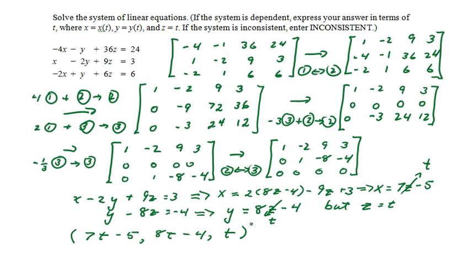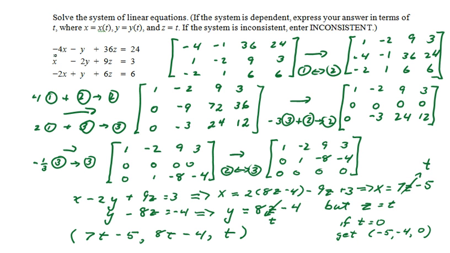And just to check to see if this looks to be an appropriate answer, if t equals 0, we would get specifically negative 5, negative 4, 0. So that would give us positive 20 plus 4, which would be 24.